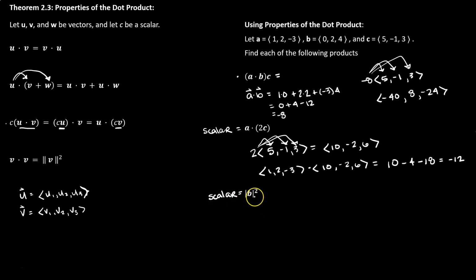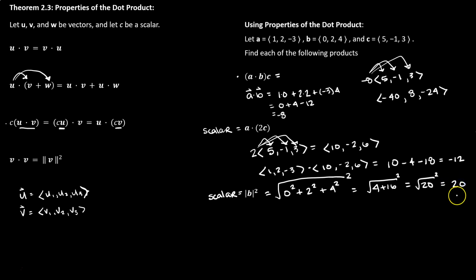If I take the magnitude of b squared, that looks like 0 squared plus 2 squared plus 4 squared, square rooted, and then squared, which we can simplify to be 4 plus 16 inside of the square root, that's squared, or the square root of 20 squared. That square and the square root cancel each other out, leaving behind 20.